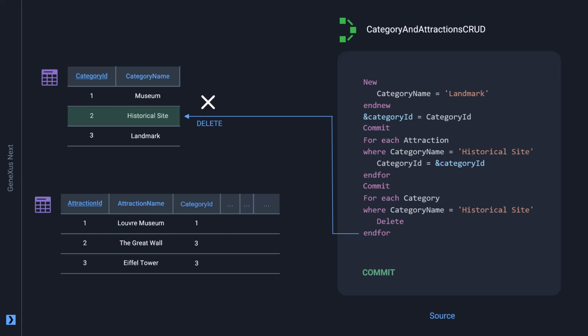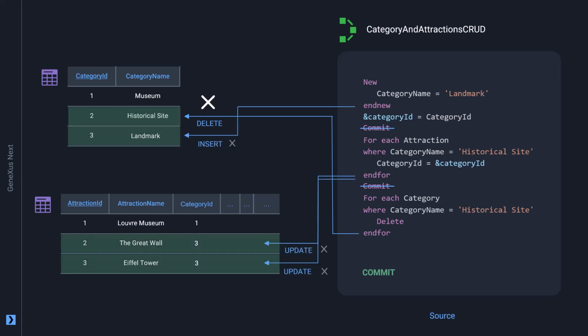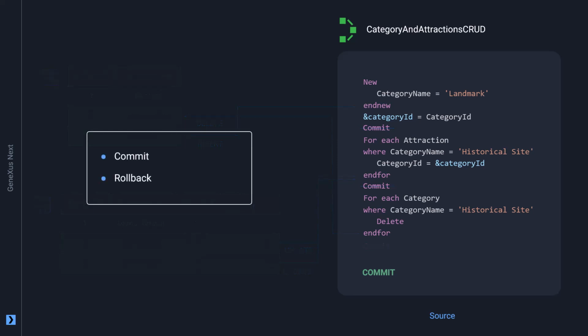If, on the other hand, these 2 commits were not there, then these 3 records will not remain in the tables either. Note that in any case, if we leave the commit on exit, it is not necessary to place an explicit commit here. Lastly, just as we have the commit command, we can also use the rollback command in the code, its inverse, which undoes all operations performed on the database that have not yet been committed.